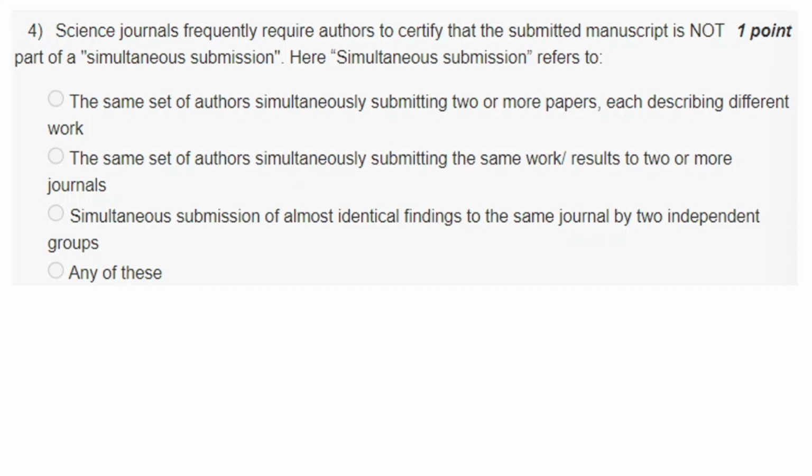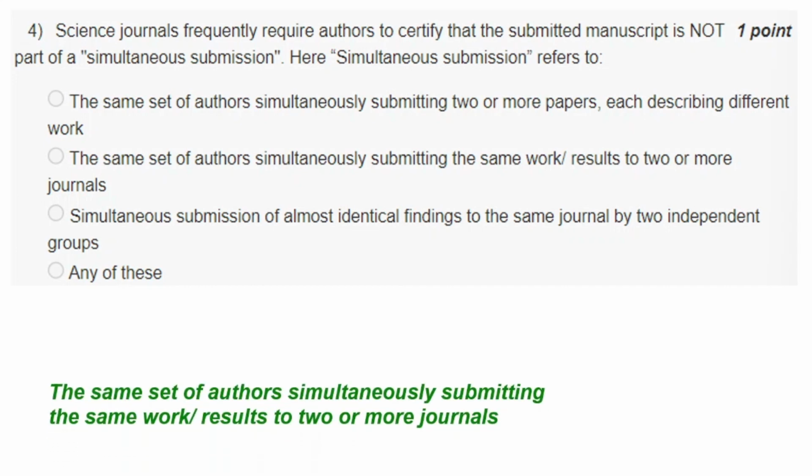And in the future, if your paper goes to the hands of the same editor, chances are that they'll not take time to go through your research. So that's why simultaneous submission is really a tricky point, but basically it means that the same set of authors simultaneously submits the same work to two or more journals. Okay, so that's the answer.